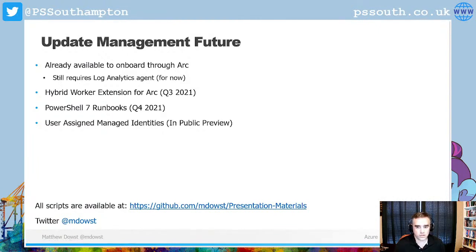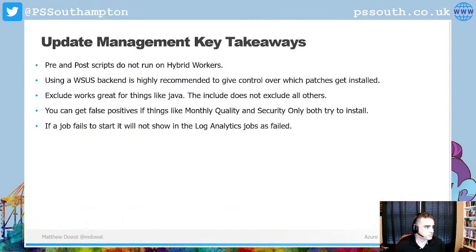The hybrid worker extension for Arc is coming, and I'm assuming that's probably when this is going to be the one agent for all. PowerShell 7 runbooks are scheduled for Q4 this year, and then as mentioned, the user managed identities are already in public preview. So just the key things.